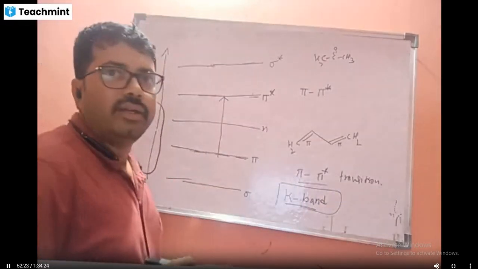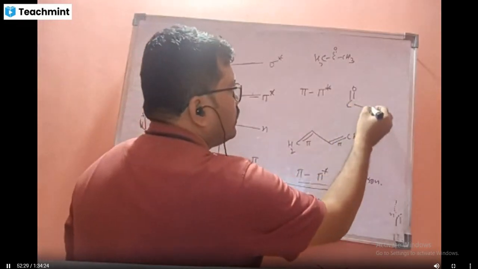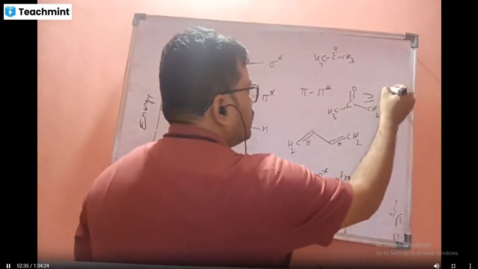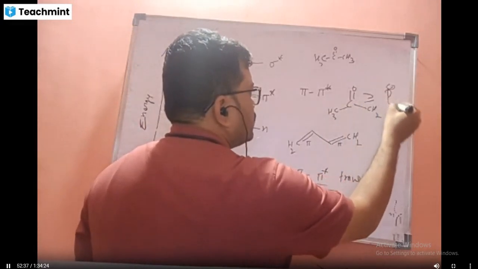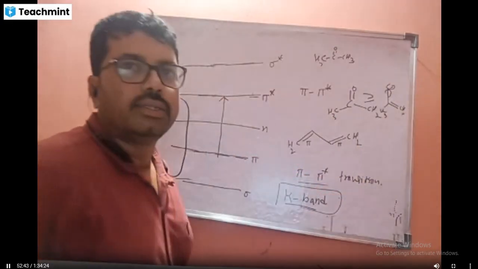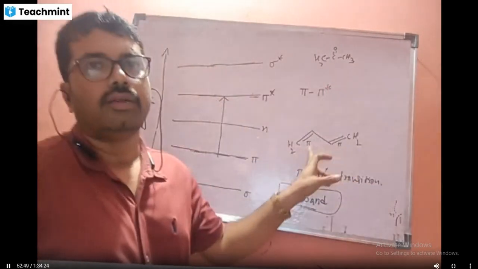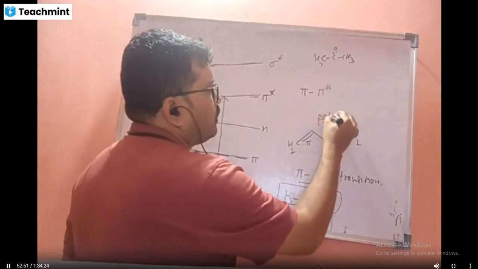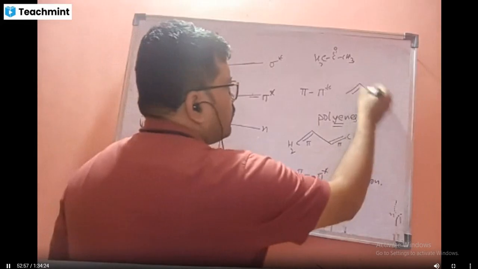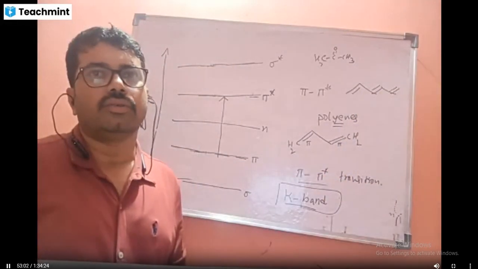Compounds like dienes, enones. See, in enone you have heard of keto-enol tautomerism, right? This is O minus, enone. So like this, these are conjugated polyenes. So these are polyenes.